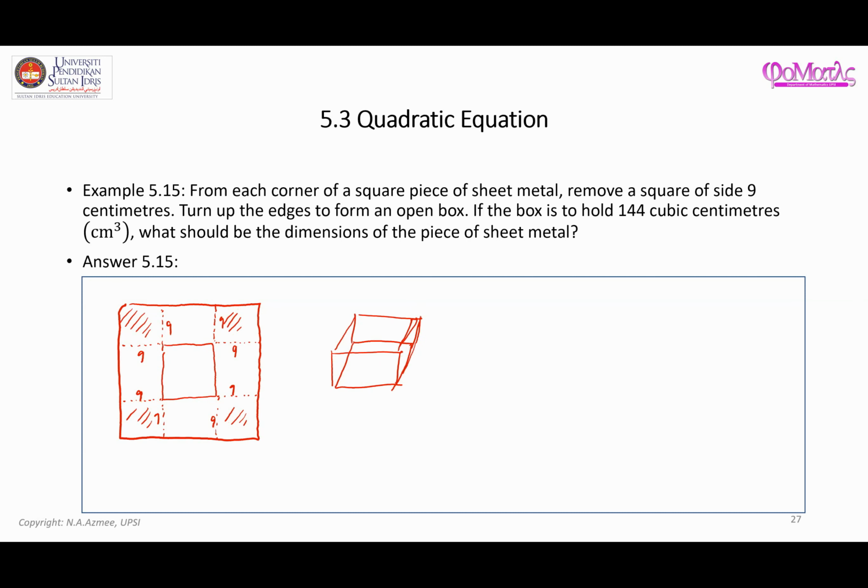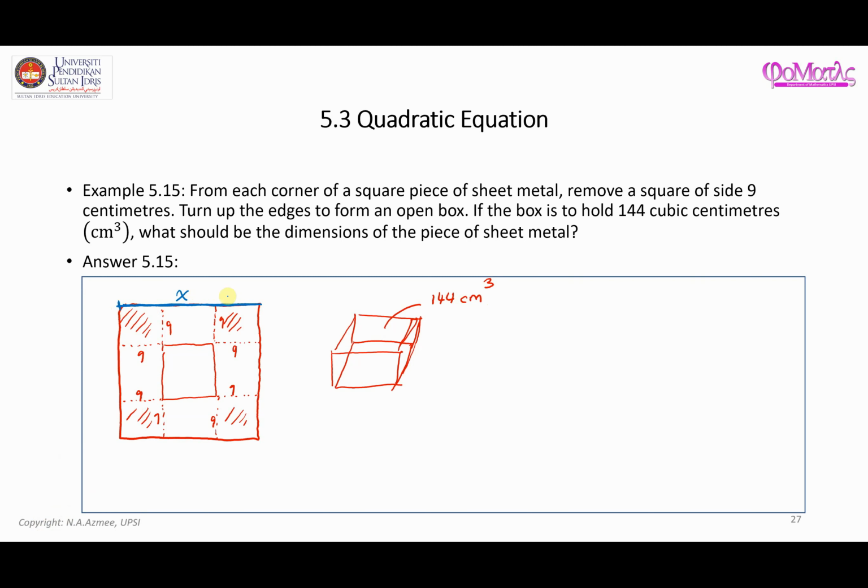So if the box is to hold 144 cubic centimeters, what should be the dimensions of the piece of sheet metal? So now this length is unknown. You can call it x.